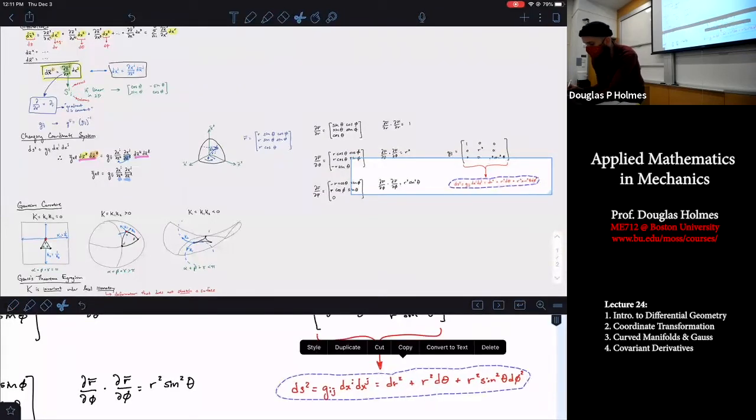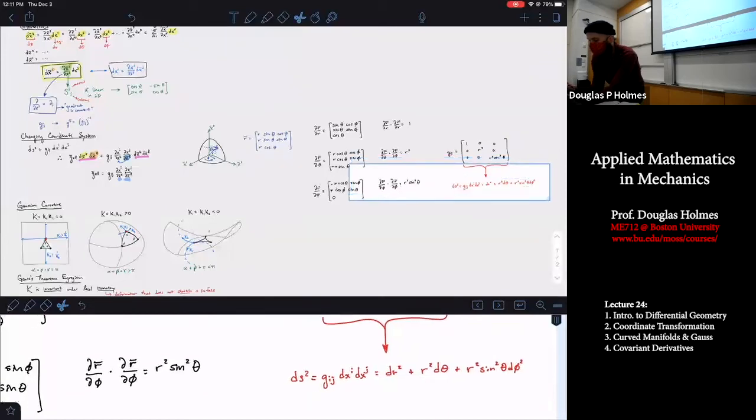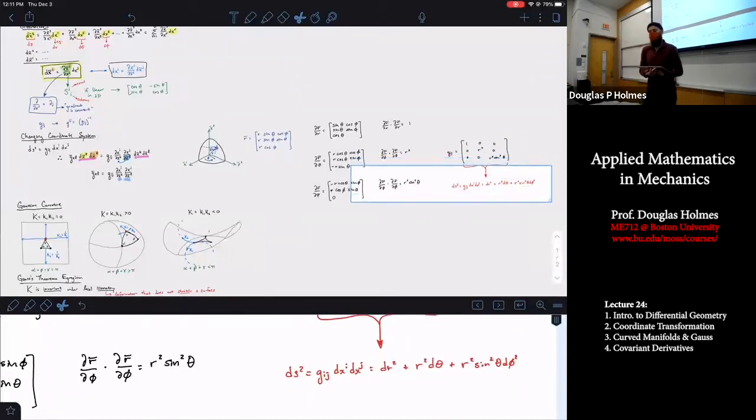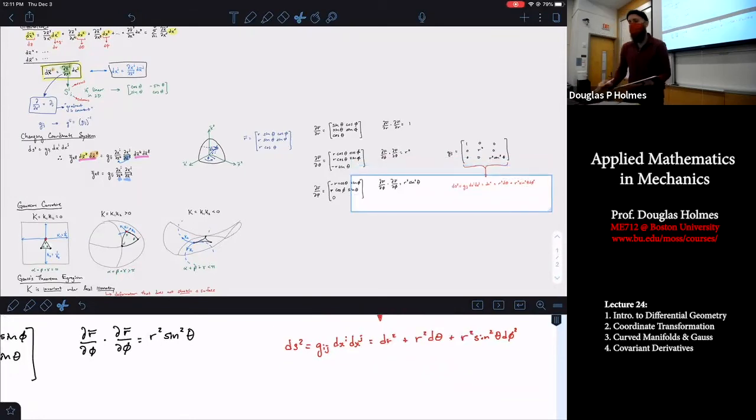So here is the way to measure length with a sphere. If we're going to live on a sphere, so for instance, I'm living on the surface of the Earth. I don't really care about measuring distances to the Earth's core. I really just need to figure out what's happening on my surface.